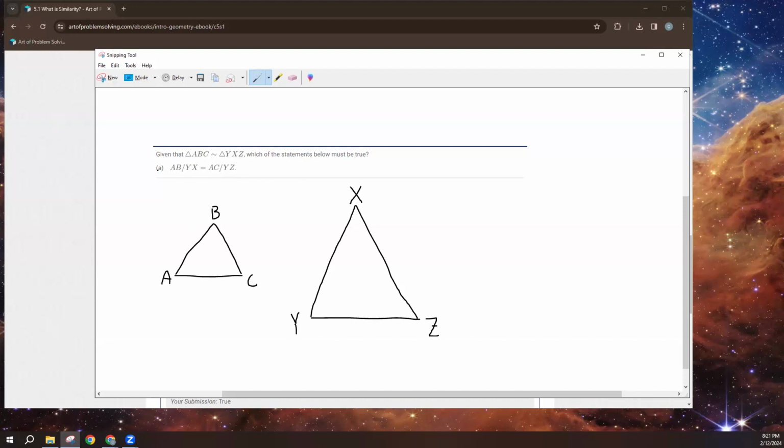Okay, so this is a ratio, and it's saying that AB over YX is equal to AC over YZ. So take a moment, think about it. Do you think this is true or not? Do we give it a blue check, or are we going to say no? It's a red X.